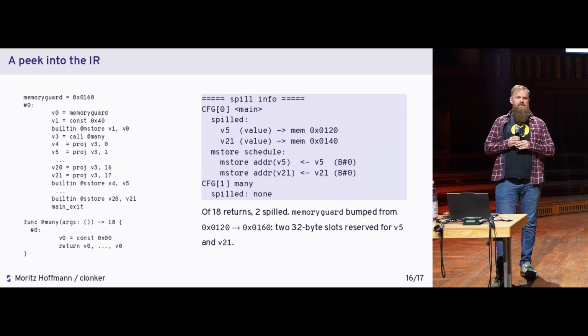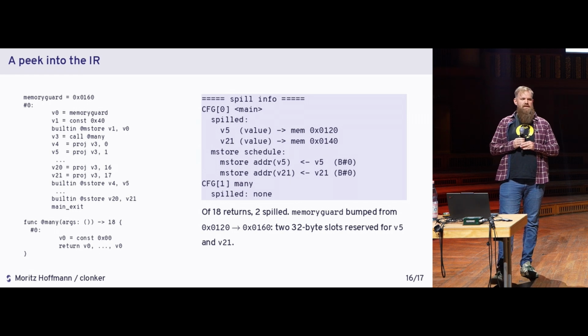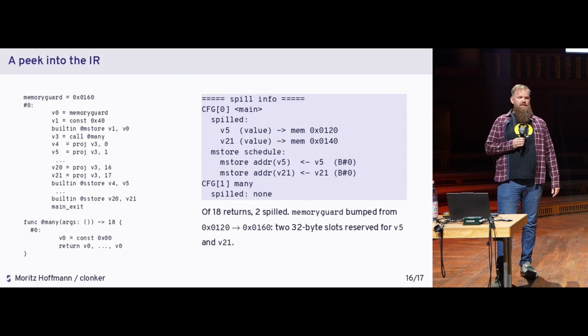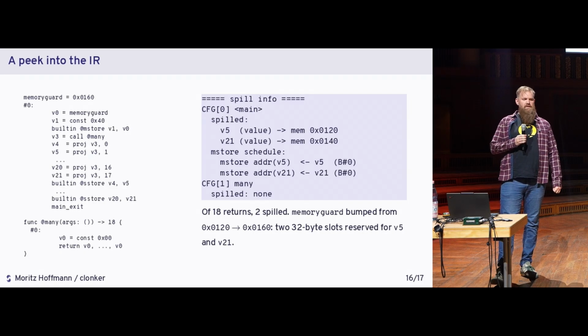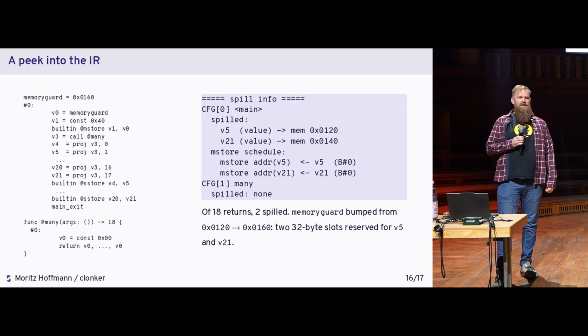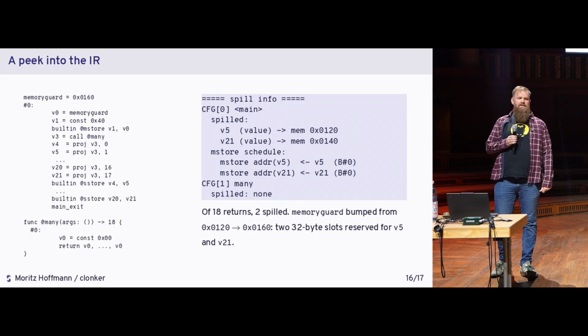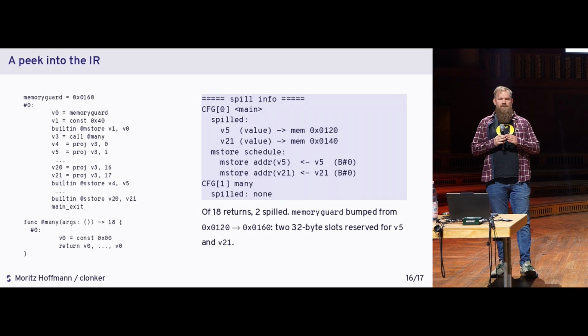So v0 is set to the memory guard value itself. v1 is a constant. Then we have a built-in call to mstore. And then we call into this user-defined function many, which is v3, and then return a tuple value, which is projected down to the individual components of that tuple.